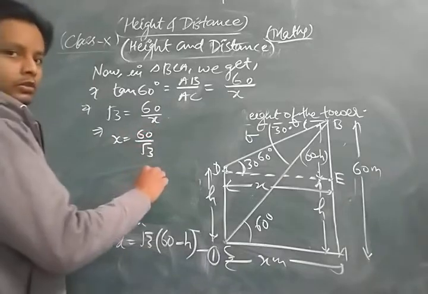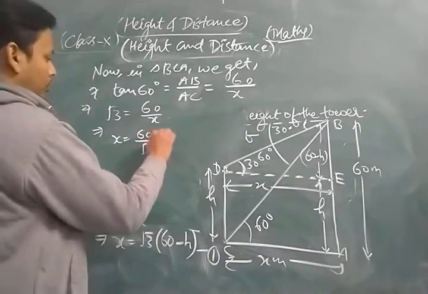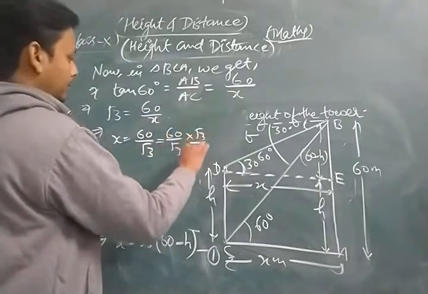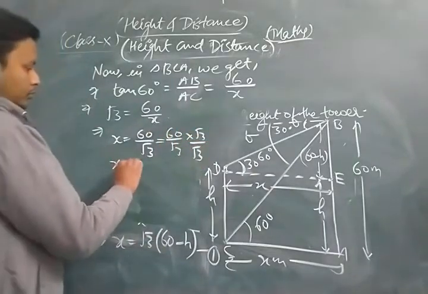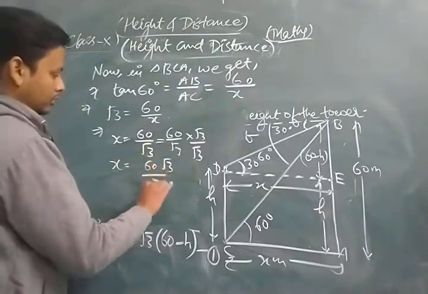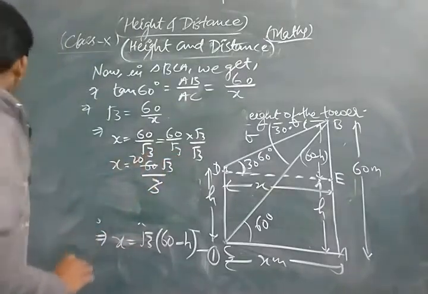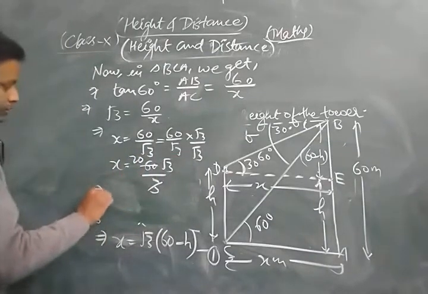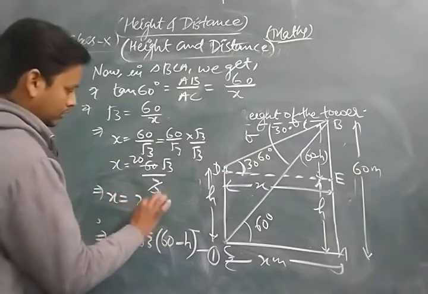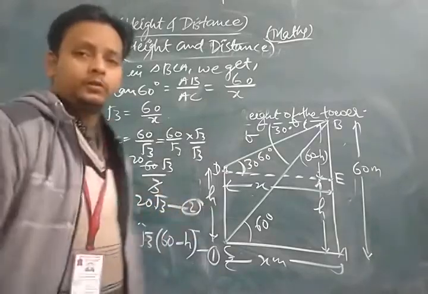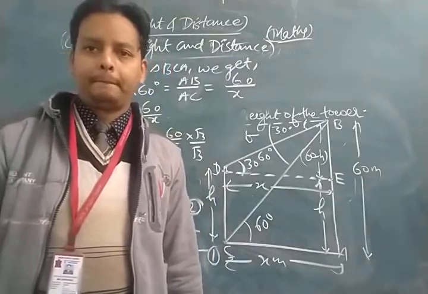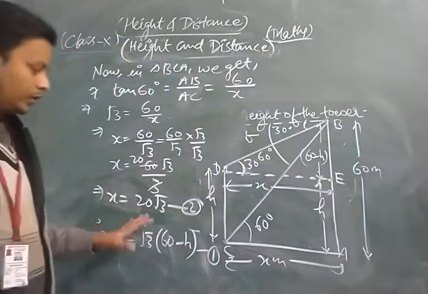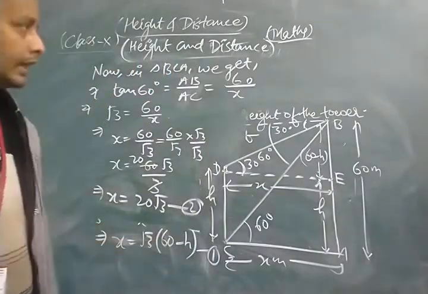Now we multiply by root 3, so X is equal to 60 root 3 upon 3, that means X is equal to 20 root 3. Take this as equation number 2.